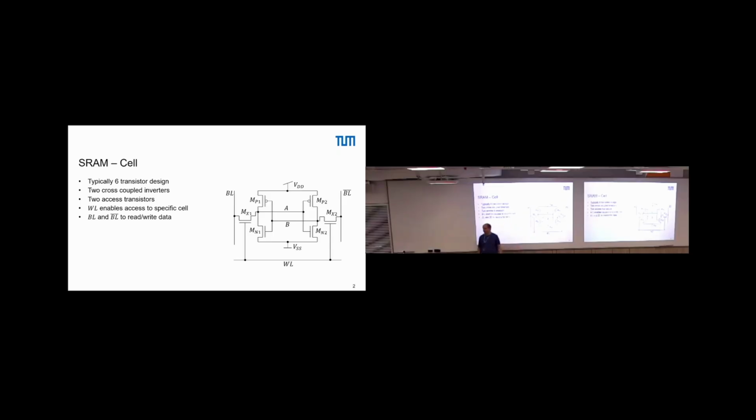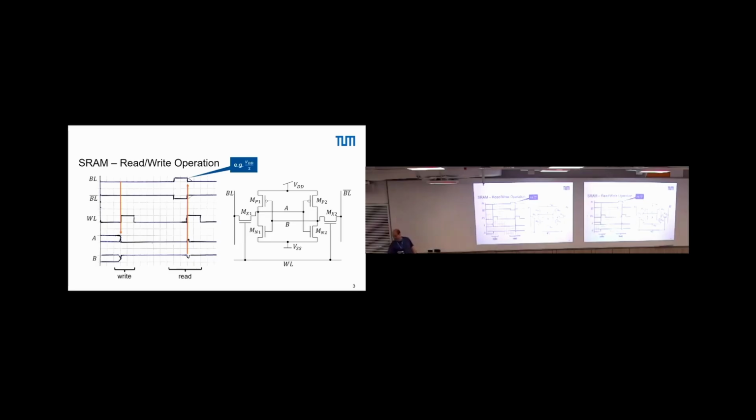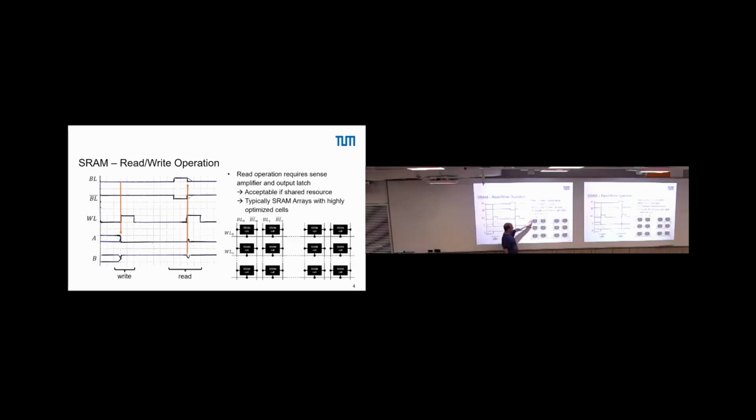If we arrange them in an array, it looks as we had it yesterday. We have still our bit lines, bitline bar. Here's the actual SRAM cell with the 6 transistors. And then at the end of each bitline and bitline bar, which is called a chain, we have one sense amplifier.